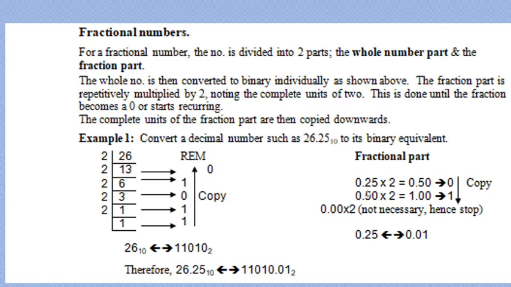Like for example, 0.25 times 2, you get 0.50. Therefore, you only write this part. You write 0 for this one. Then you take now the decimal part, that is 0.50 times 2, you now get a 1.